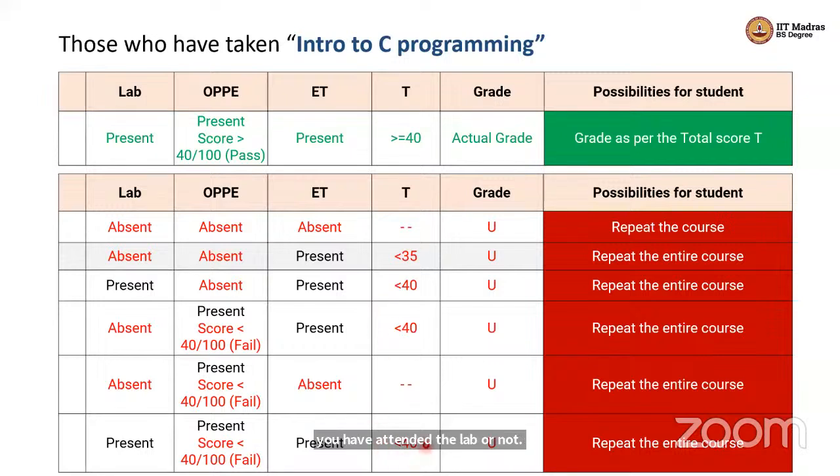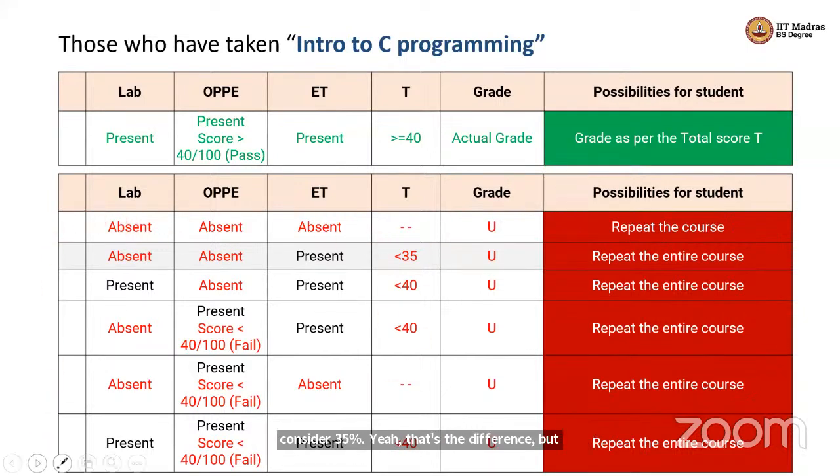This particular item alone is shown as less than 35 because we have considered two absent components. As long as you're present in at least two components, we will consider 40%. If you're present only in one of the components, then we will consider 35%. That's the difference. But otherwise, it is generally the 40% only.